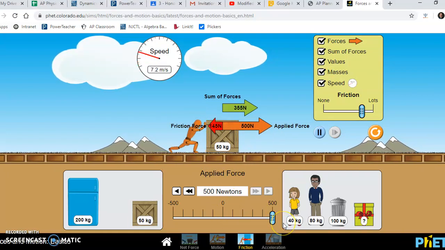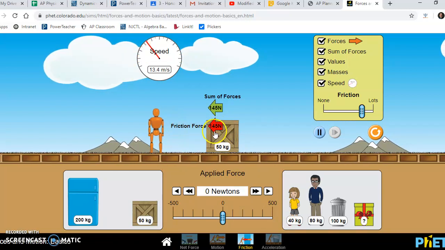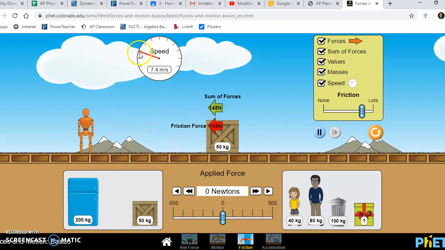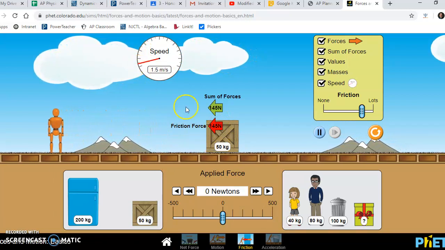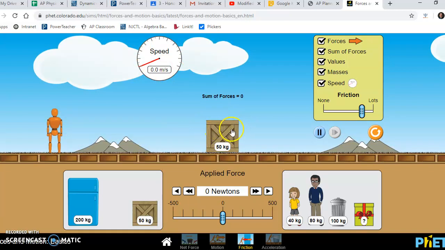See? I push on it and it stops because friction is unbalanced. It's slowing it down until now it's at rest and now it's done. So, an object in motion tends to stay in motion, an object at rest tends to stay at rest unless acted upon by an unbalanced force.